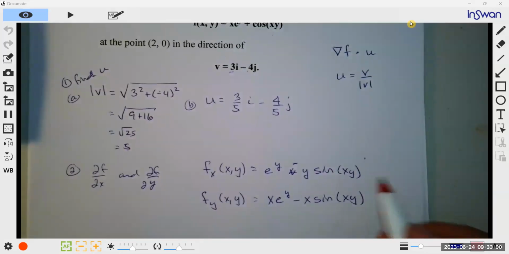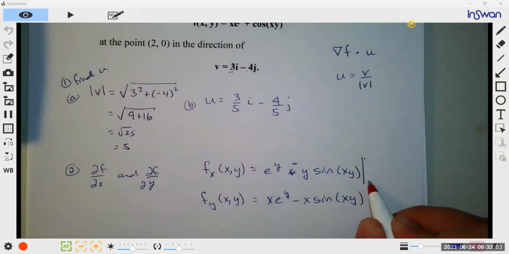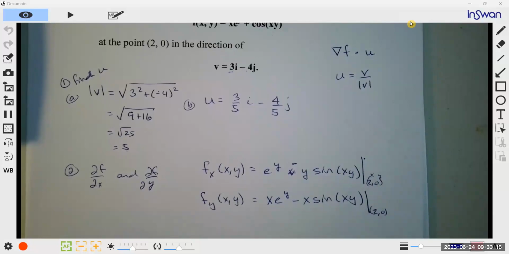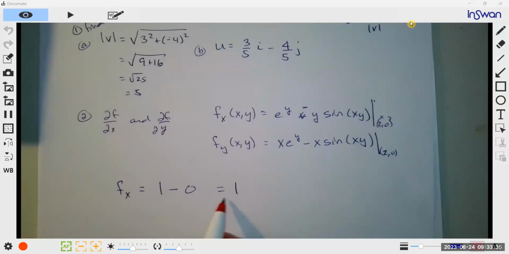Our point is at 2, 0, so we have to take it at our point 2, 0. Anywhere you see an x, put a 2, and y is 0. e to the 0 is 1. 0 times anything is 0. So the partial with respect to x is 1.